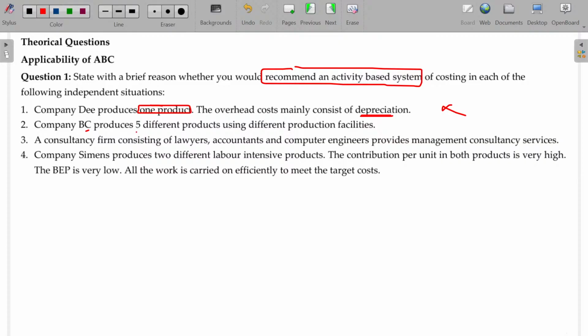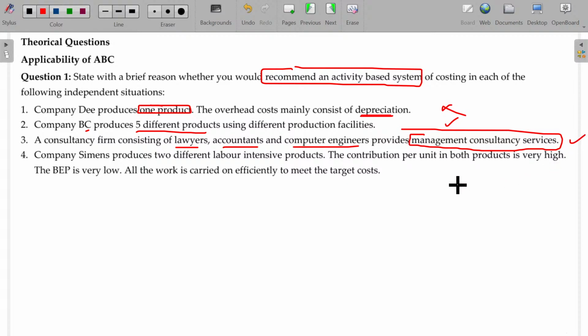Company BC produces 5 different products using different production facilities. ABC is required. A consultancy firm consisting of lawyers, accountants, and computer engineers, and they are providing management consultancy services. Do I want to have ABC? Yes.